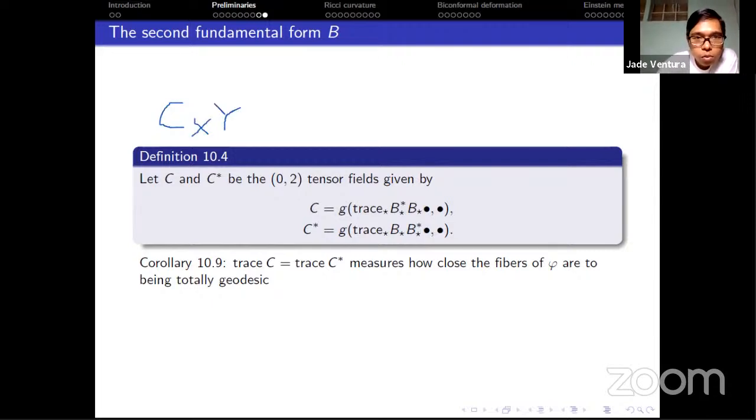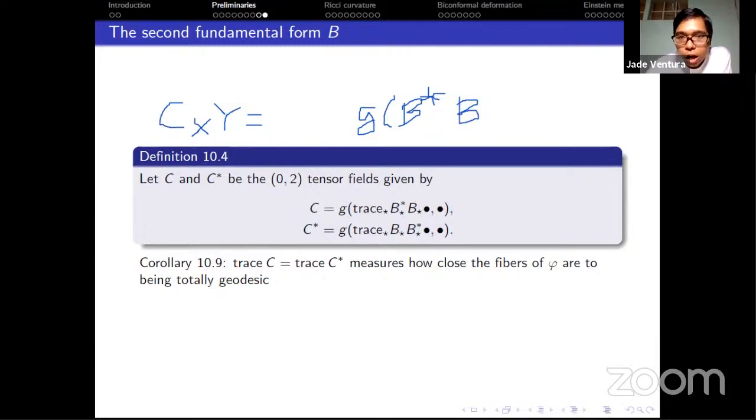That's equal to, so we have G here, and then let me write B star, B, and then you see those two bullets?